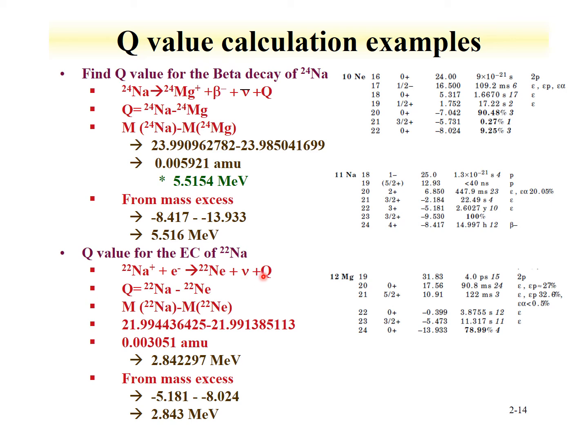Neon-22, neutrino, Q value. Again, from the mass values, we get the difference in the AMU, 931.5 MeV per AMU. From the mass excesses, we can pull the mass excesses out of here. So sodium-22 and neon-22.